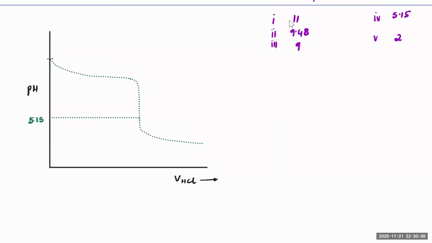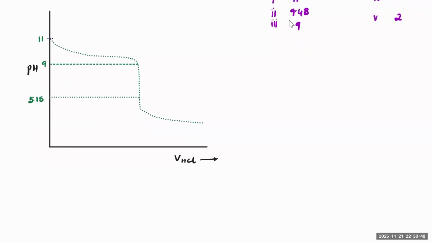5.15. Okay, this is 11, correct? And the point at which this drastic shifting is happening is very close to 9. This is approximately close to 9 value here. Okay, so after 5.15 suddenly you will see the dragging of values into 2 and towards 1 and so on.